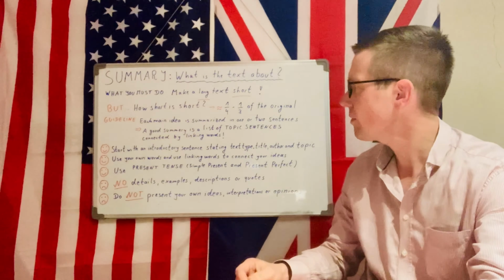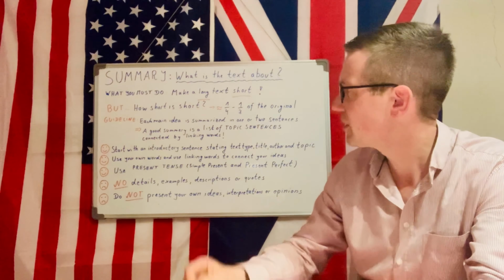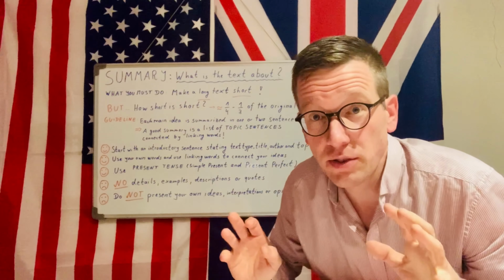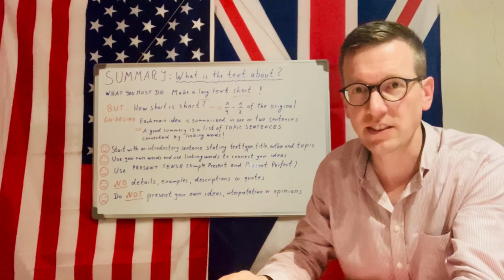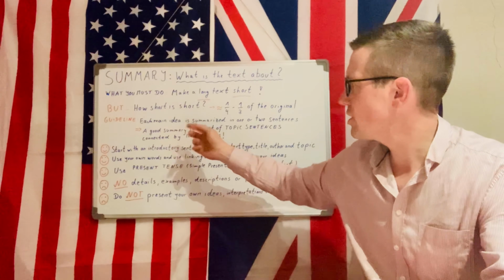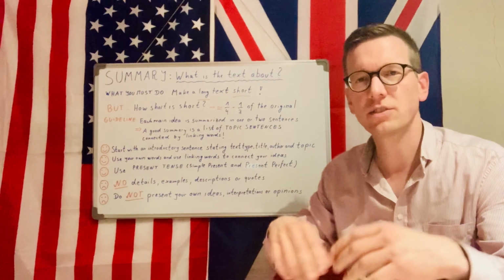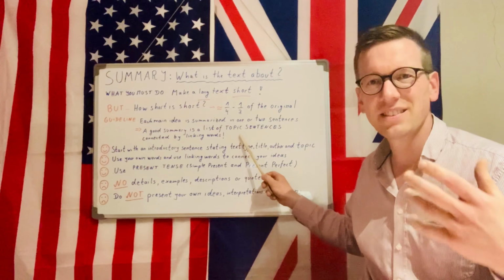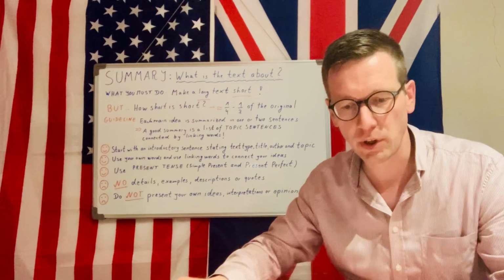Fine. Well, how are we going to plan our summary? Here's a little guideline. Because what we're actually trying to do is we are trying to summarize the main ideas of the original text. And the guideline says each main idea is summarized in one or two sentences. So basically, a good summary is just a list of topic sentences, and these topic sentences are connected by linking words.